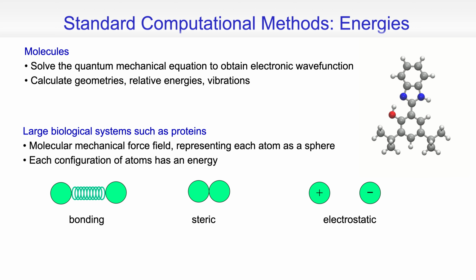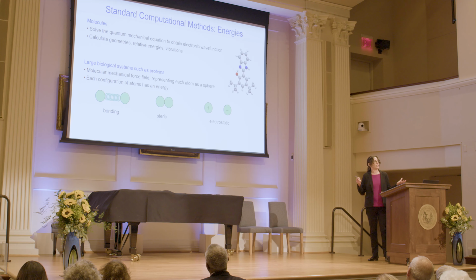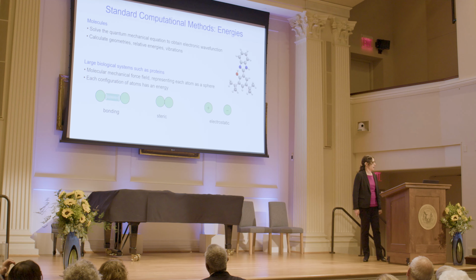And I show a molecule here. Each one of these spheres is an atom, and the different colors correspond to different types of atoms. So you can see the hydrogens are the small white spheres, and the oxygens are in red. This is a structure of a molecule, and you see it moving, and that's just a vibration that it does at room temperature. It's just doing this all the time.